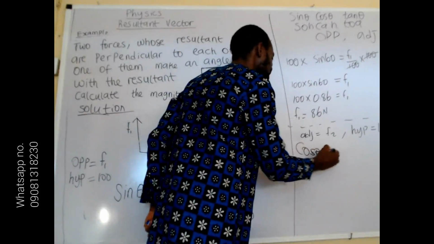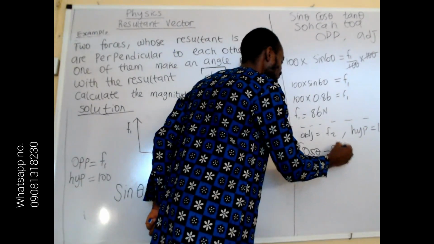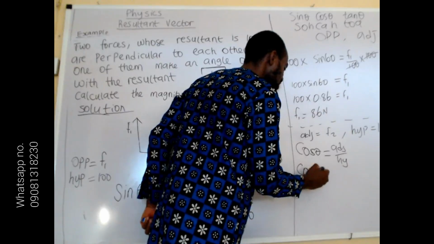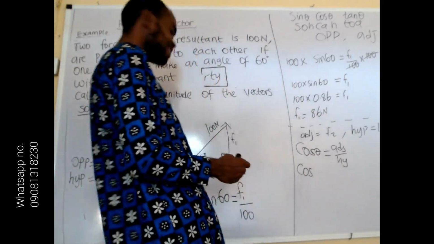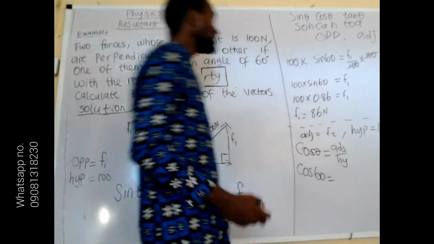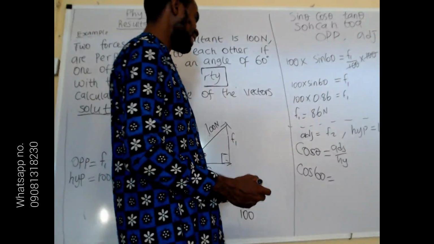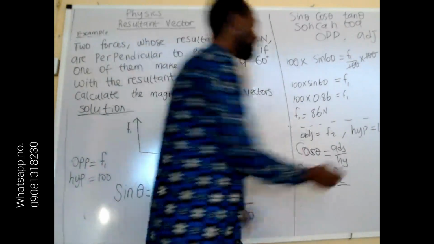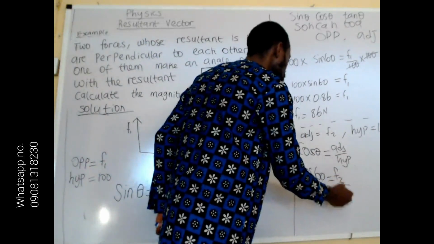Cos theta is equal to adjacent over hypotenuse. Our theta will still remain 60 degrees. The adjacent side is F2 over the hypotenuse side, which is 100.